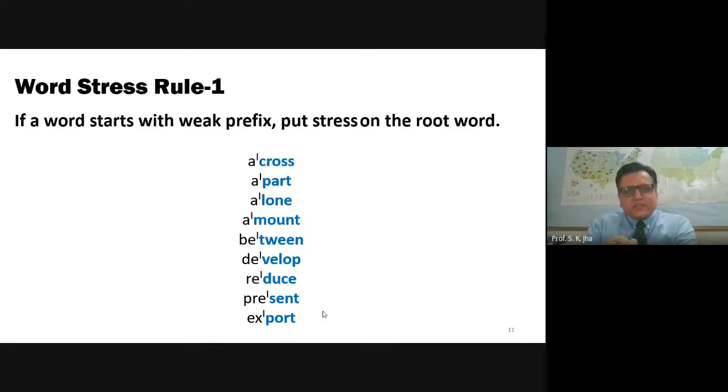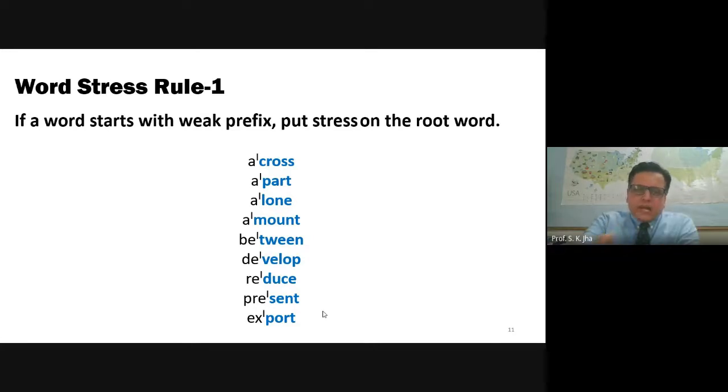We are not putting stress on the weak prefix, that is a, be, de, re, pre or ex. We are putting stress on the root word. So the root words are cross, part, loan, mount, twin, develop, reduce, sent, port.